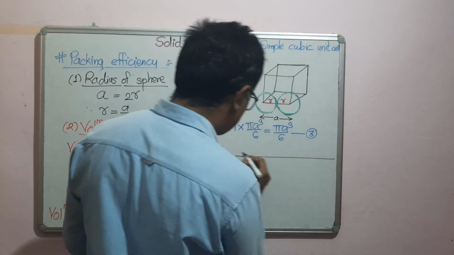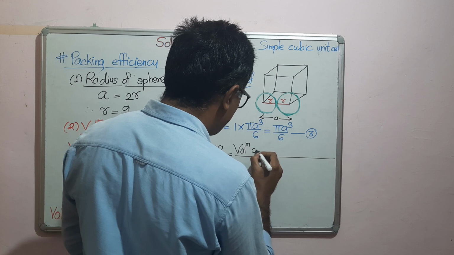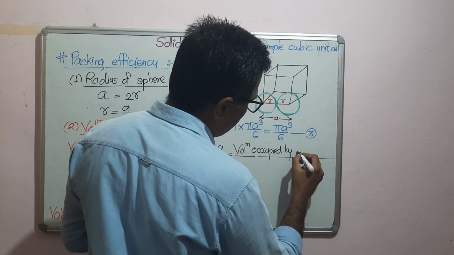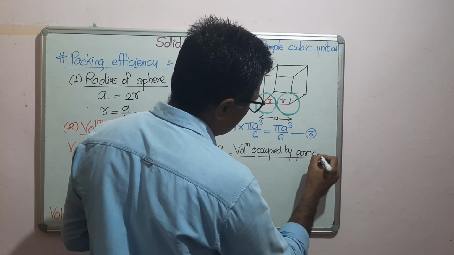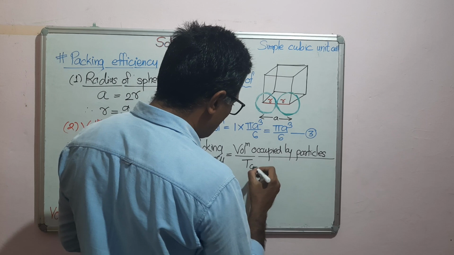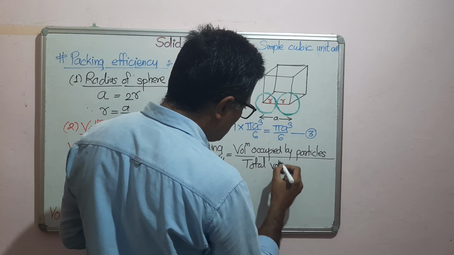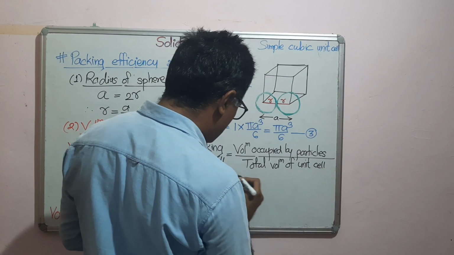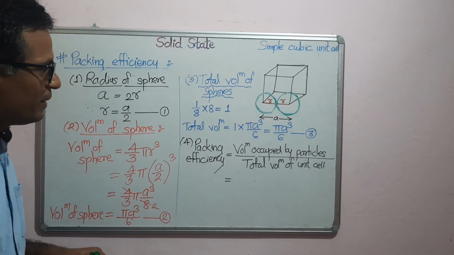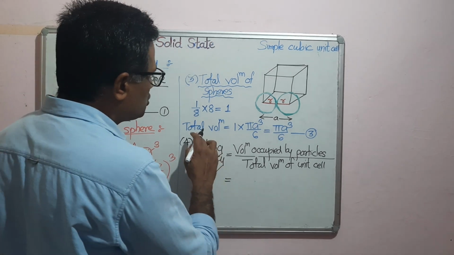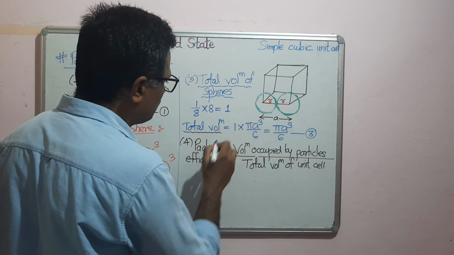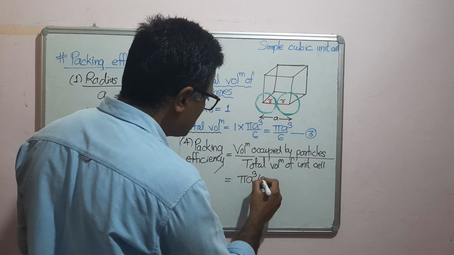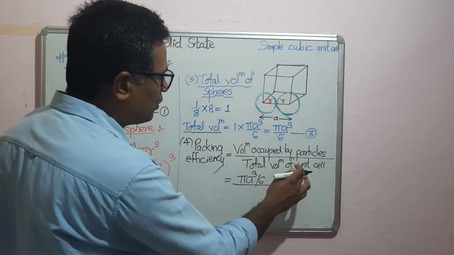It is the volume occupied by the total particles divided by the total volume of the unit cell, into 100. So how much volume is occupied? The total volume of particles is pi a cube upon 6, divided by the total volume of the unit cell.